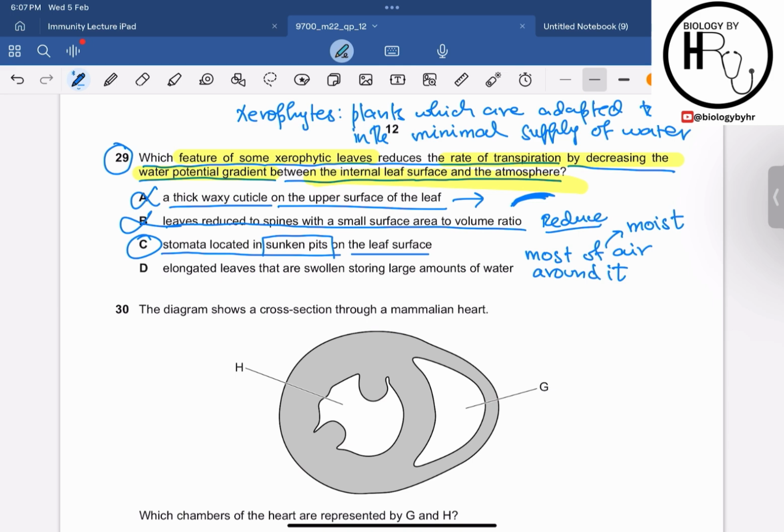So it will reduce the difference in the water potential between the inside of the leaf and the surrounding air, right? So this slows down the transpiration. So hence the correct answer over here would be option C.